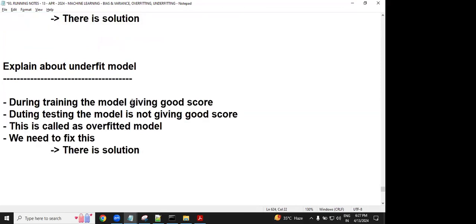During training, the model is giving less score. Then by default, during testing also the model is giving less score only. Good.